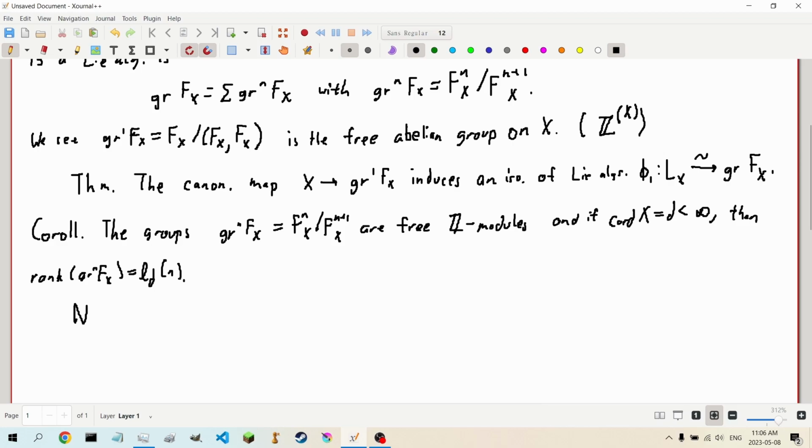Now, we're going to deal with the free associative algebra on X. So, let AS^n(X) be the nth grade of the free associative algebra of X, the component of degree n.